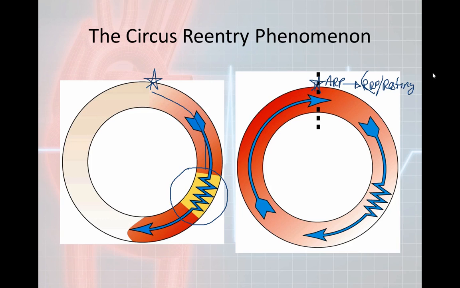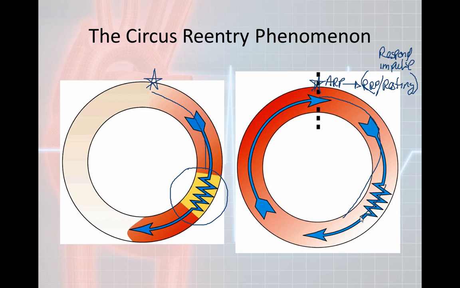If you're in a relative refractoriness or a resting state, this means that you can respond to an impulse. The problem here is that in this Circus reentry, when the signal came through and slowed down, the area here repolarized enough to respond to another impulse. So when the signal makes its way back, now it hits here, it can continue this cycle again.